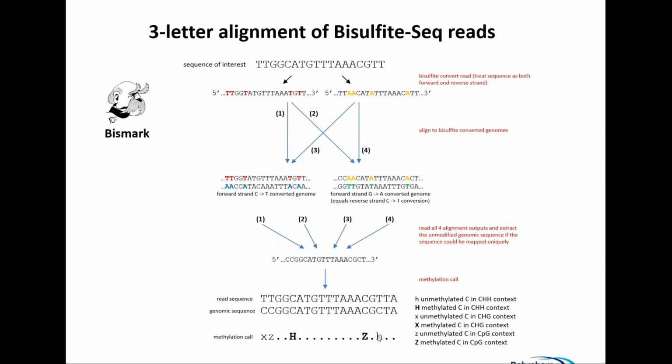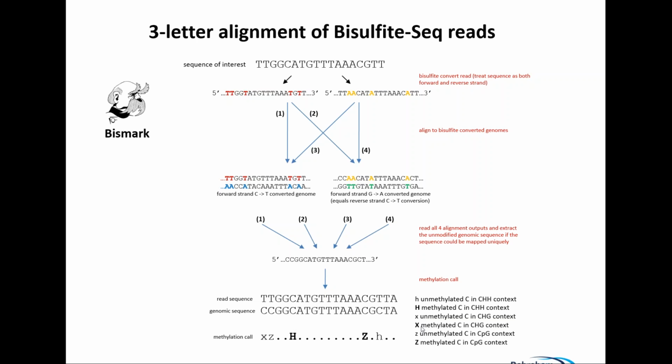In this methylation call string, we encode various different bits. Whenever there's a dot, it means it just involves any base that is not a cytosine in the genome, so it's something that's irrelevant. Then the sequences can be in different contexts. Z is the CpG context, which is most relevant for mammalian systems. And then there are also two non-CG contexts. H would be CHH. In this case, H stands for every DNA base, but not G. So for example, this one, CAT, would be a base in CHH context.